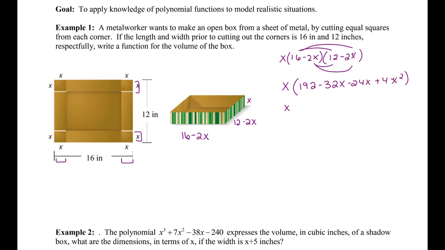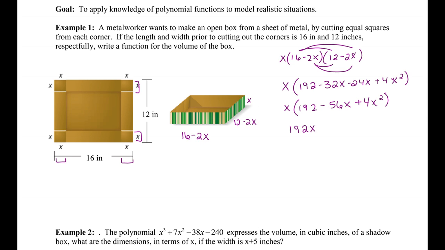Then I'm going to go ahead and combine like terms. I get 192 minus 56x plus 4x squared. Now I can go ahead and distribute x to everything.